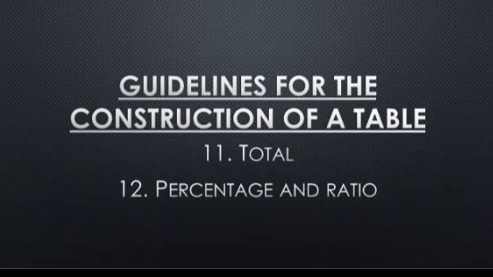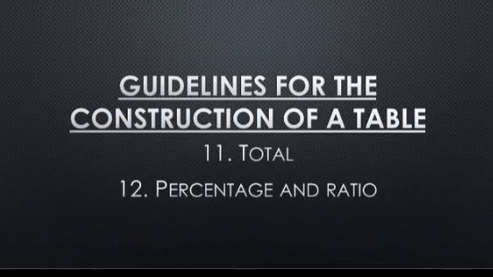Then you have percentage and ratio. Percentage figures should be provided in the table if possible. This makes the data more informative. So this will clearly show whether 70% of the population is below poverty, or 30% of the population below poverty, or 40% of the population is suffering from unemployment.